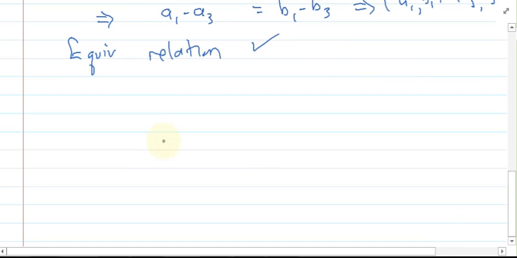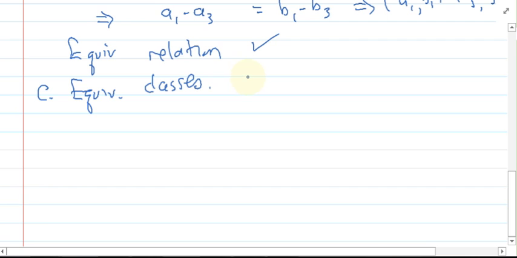Part C asks for the equivalence classes. There's more than one way to do this. I'll do the one that's most straightforward, brute force. You want to find the elements that are equivalent.